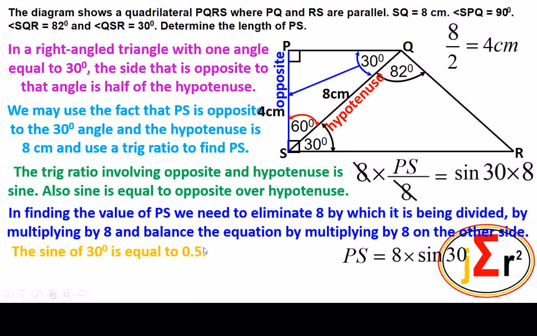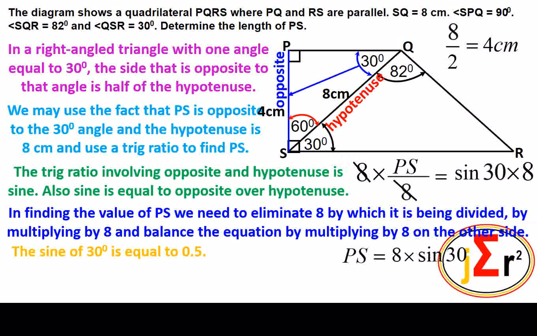And here is our clue. Notice that we started off by saying this side is opposite to the 30 degrees angle, and therefore will be half of the hypotenuse. Here is the reason. Sine 30 is equal to a half. Then it is up to you now to see the significance and to use that fact in seeing how I arrive at the fact that the side that is opposite to a 30 degrees angle is half of the hypotenuse.